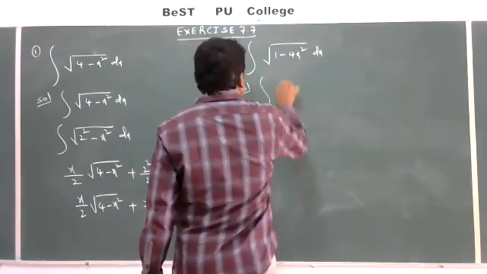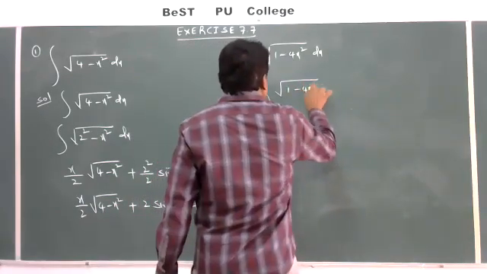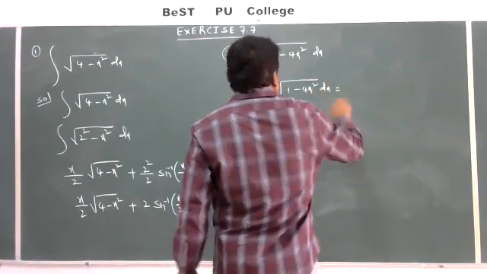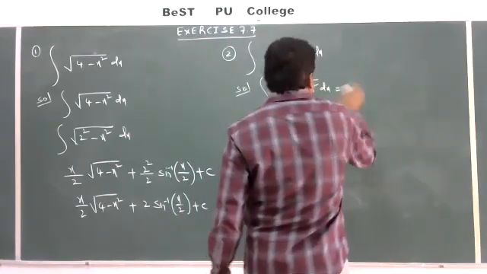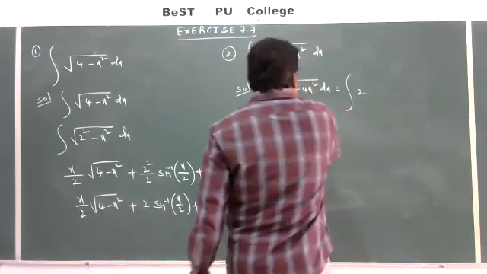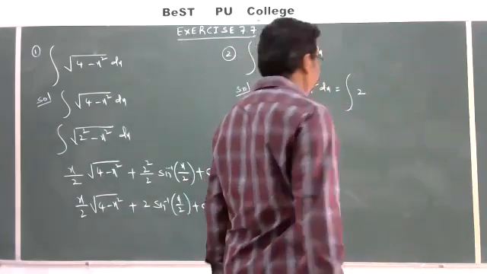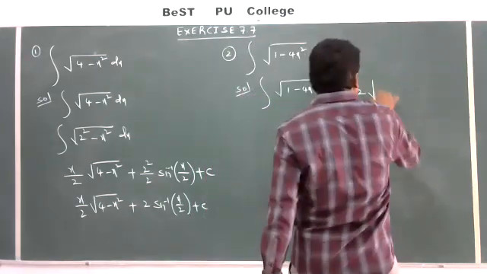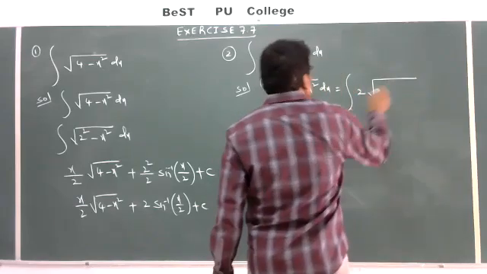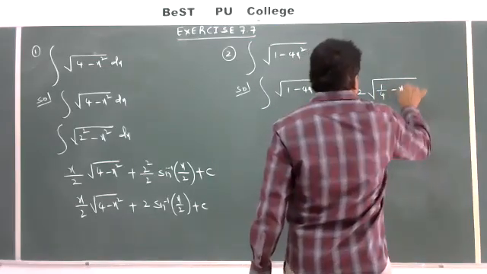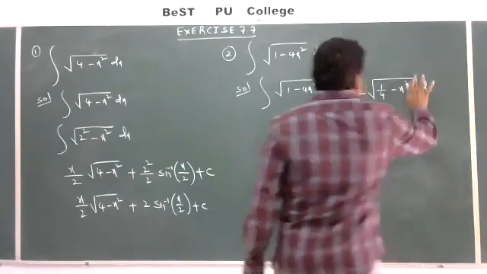Solution: integral root of 1 minus 4x square dx is equal to, taking 4 outside, root 4 is 2, into root of, here there is no 4, so 1 by 4 minus x square dx.